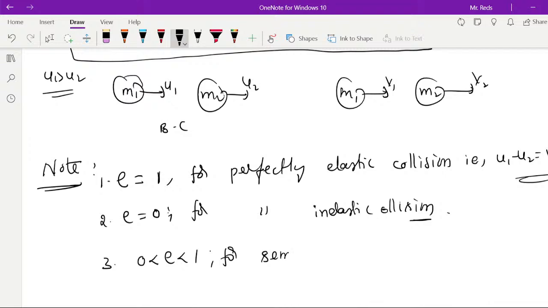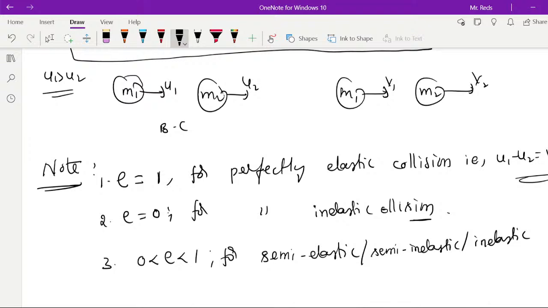You can also call it semi-elastic, or simply inelastic. For all these kinds of collisions, the E value varies between 0 and 1. It is 1 for a perfectly elastic collision and 0 for a perfectly inelastic collision.